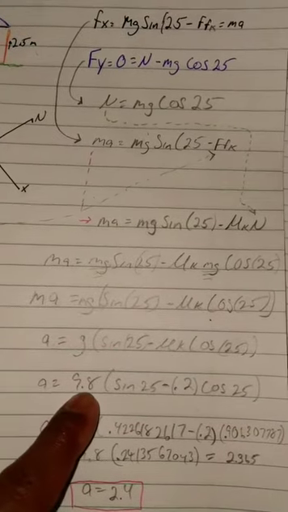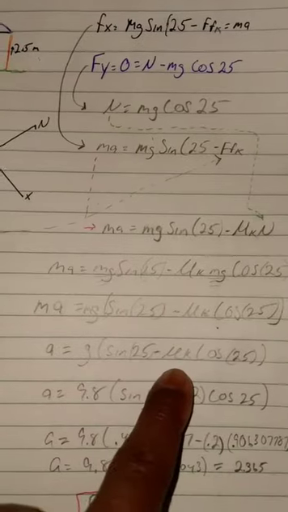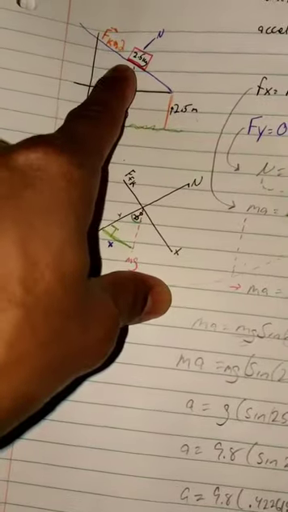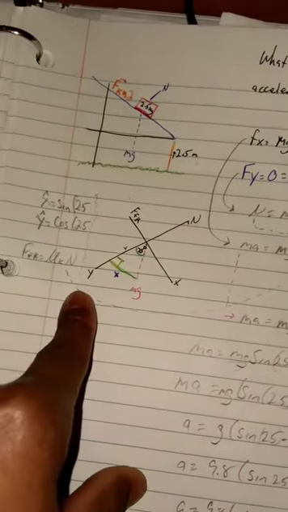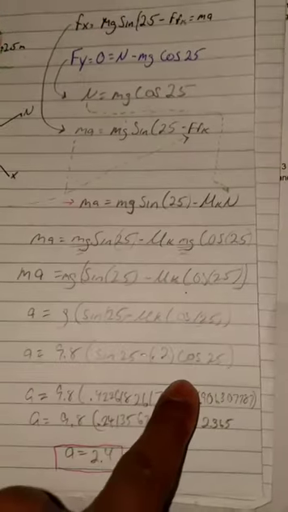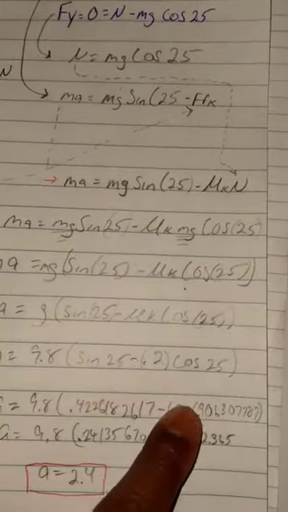And my gravity is 9.8, which is given. My mu k, the coefficient of kinetic friction, is 0.2, and that was also given in the problem. So put that in place of the mu k, multiplied by cosine 25.